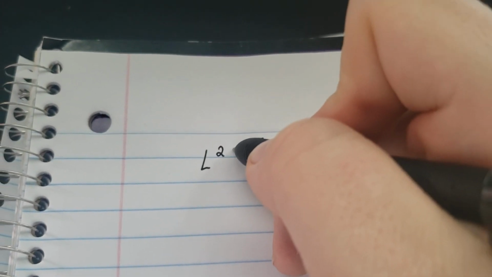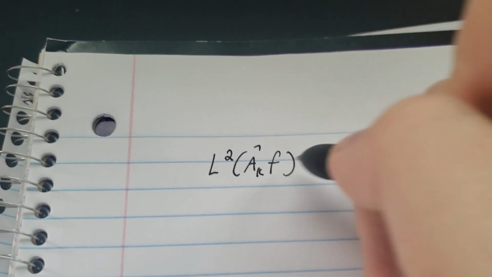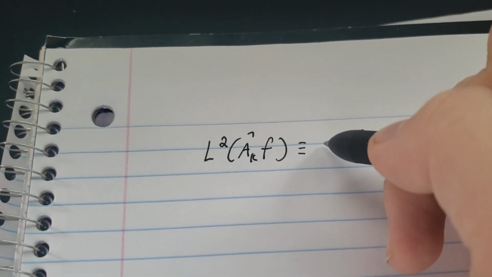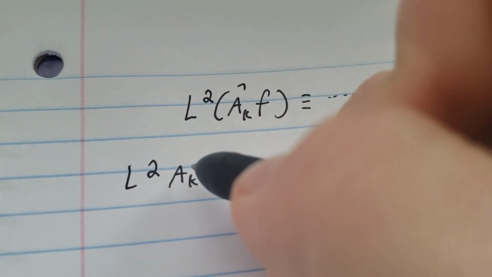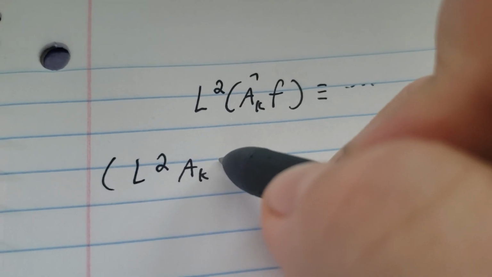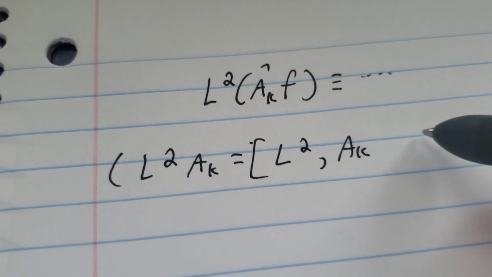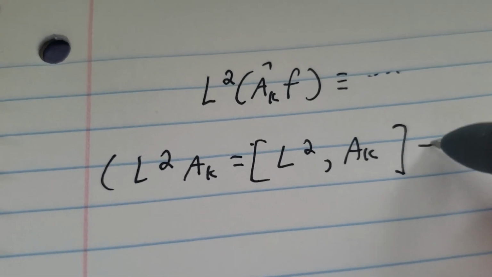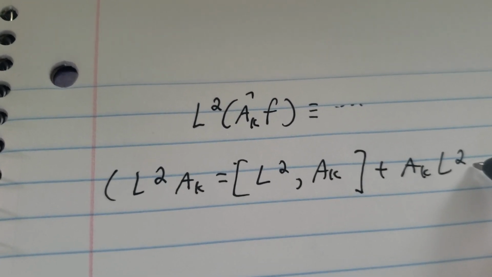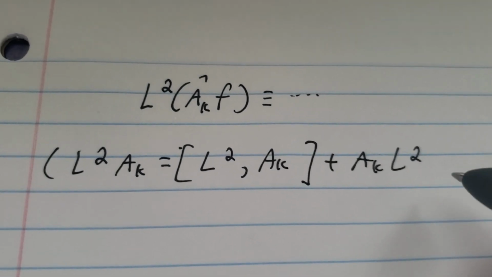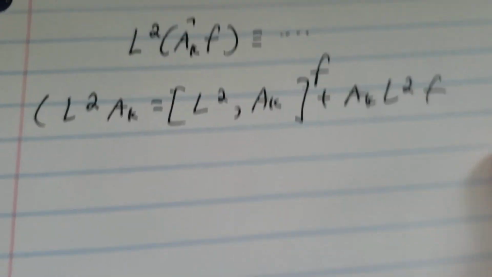So let's act L squared on A hat k f equals, well, we can write L squared acting on A k is equal to the commutator of L squared with A k, plus A k acting on L squared. And then we'll act it on f.